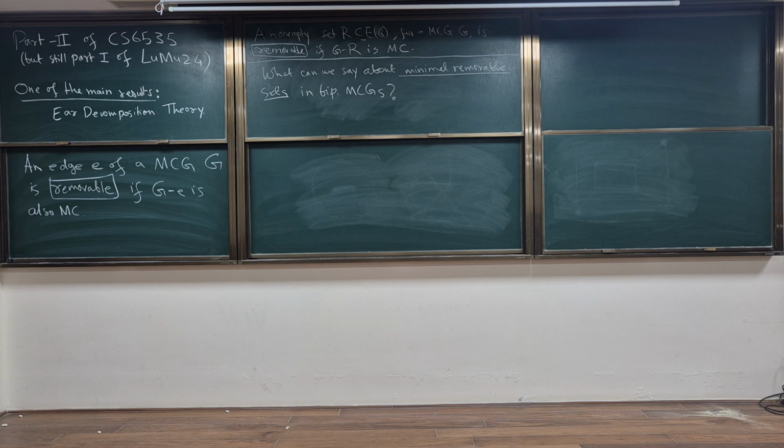Right, so recall that in a bipartite matching covered graph, if you delete a black vertex and a white vertex, you still have a graph that has a perfect matching. That means that if you add an edge joining a black vertex to a white vertex, you have a matching covered graph.